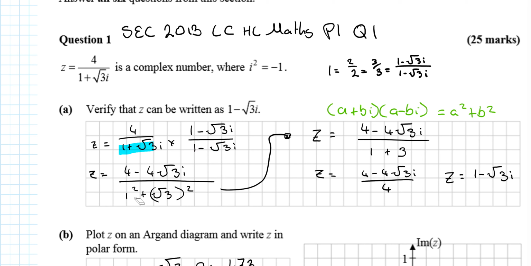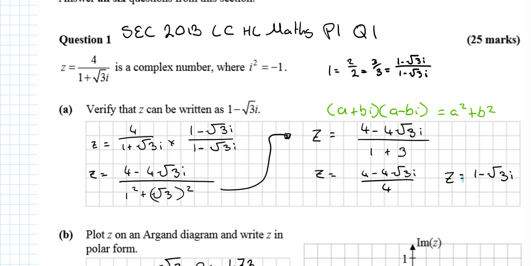So it's 1 squared plus the square root of 3 squared. The square root of 3 squared is just 3. So we get 4 on the bottom line, and then 4 divides into 4 once. 4 divides into minus 4 root 3i minus root 3i times, and then that's the question done when we get down to here.